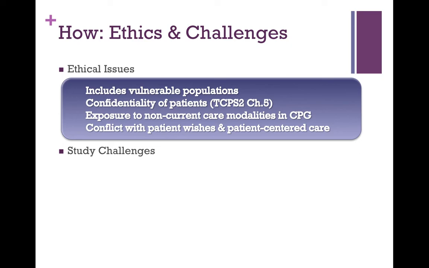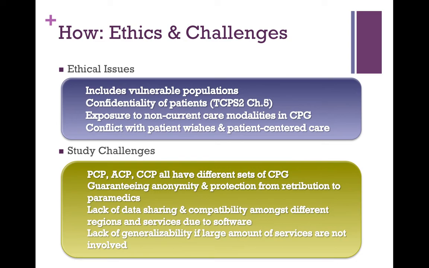Some study challenges include the different levels of guidelines used by primary, advanced, and critical care paramedics. Hence why we will be stratifying the results in our data. We also need to guarantee the anonymity and protection from retribution to paramedics. As discussed earlier, the cultural fear of reprimand is quite strong in the paramedic frontline crews, and we need to make sure that they feel safe to engage in the study.